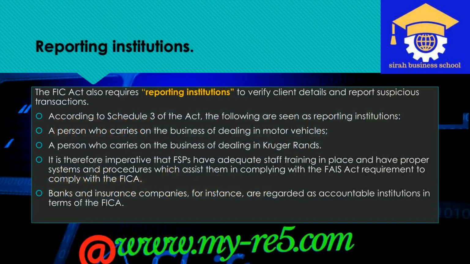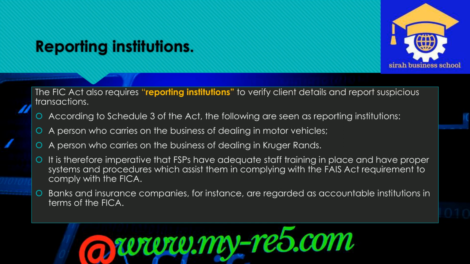Reporting institutions. The FIC Act also requires reporting institutions to verify client details and report suspicious transactions. According to Schedule 3 of the Act, the following are seen as reporting institutions. A person who carries on the business of dealing in motor vehicles.